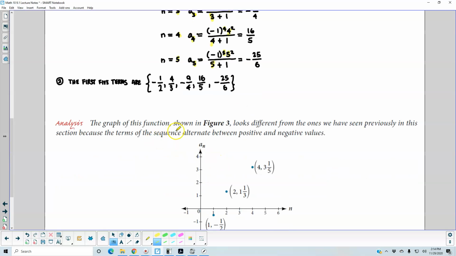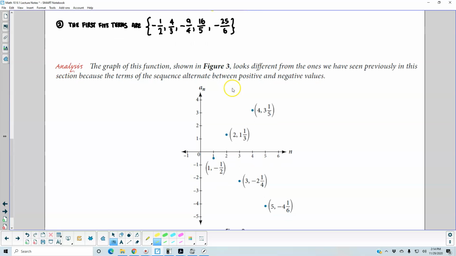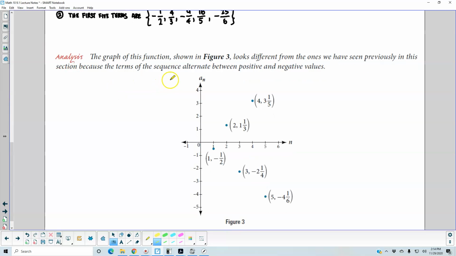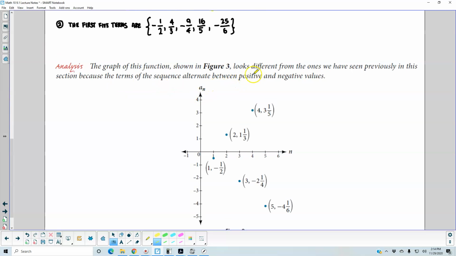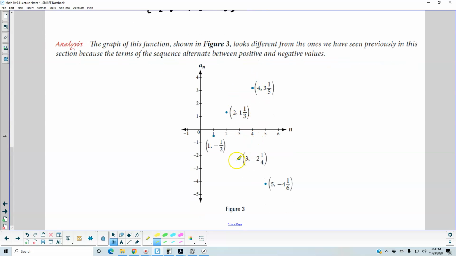Now the graph of this function is going to be shown in figure 3. It looks different from the ones we have seen previously in this section because the terms of the sequence alternate between positive and negative signs. So you can see how it's going to look different because it's an alternating sequence.